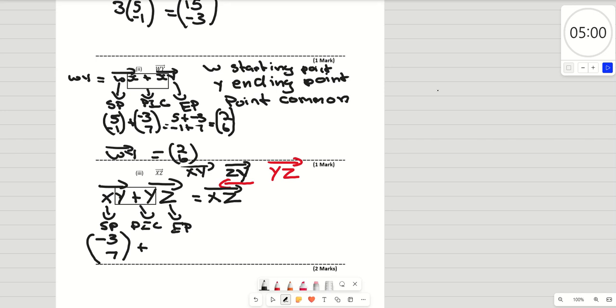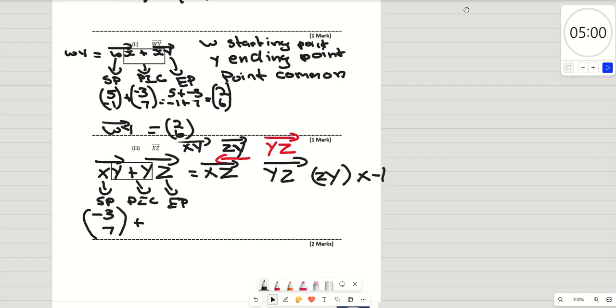So yz is going to be zy multiplied by negative 1, right? Because we're going in the opposite direction, that's 8, minus 7 by negative 1. So minus 1 by 8 is minus 8, and minus 1 by minus 7 is positive 7. So we know that yz is minus 8, 7.